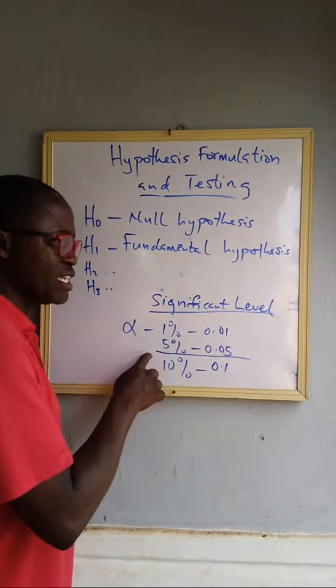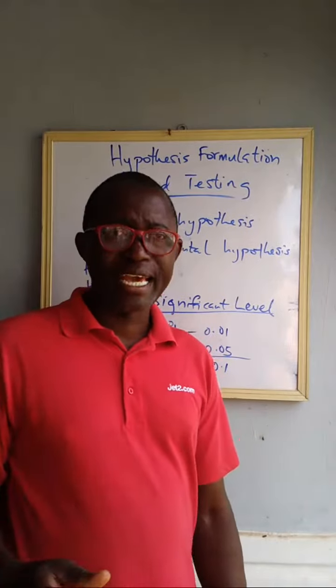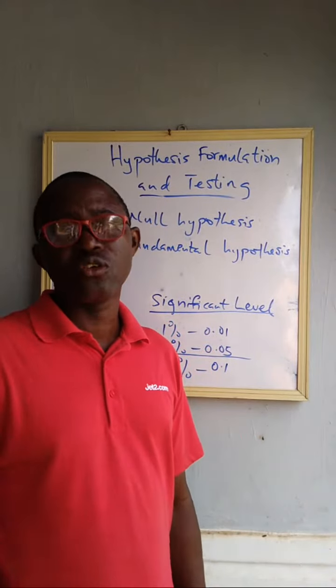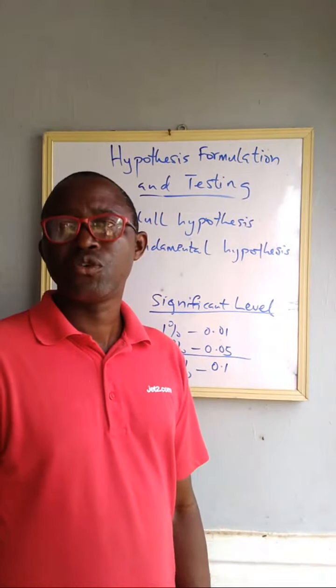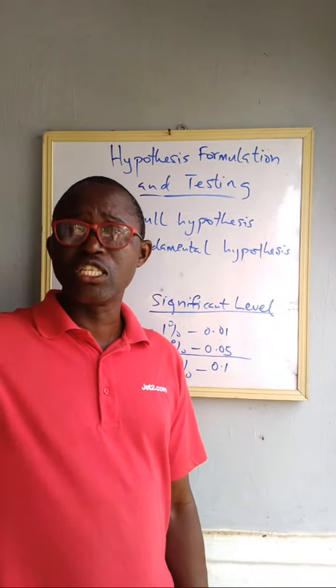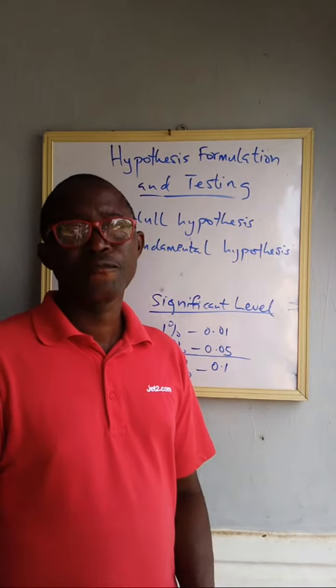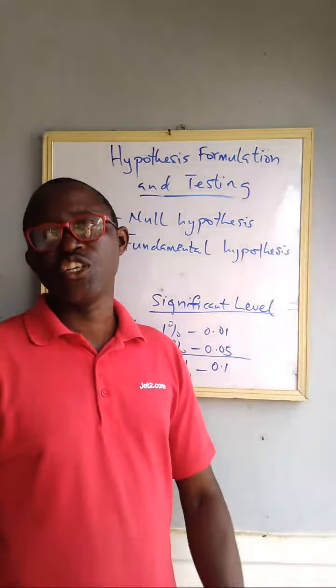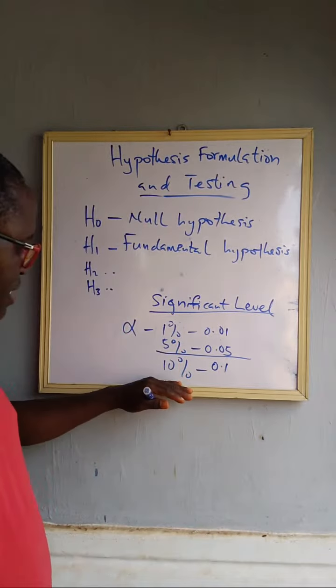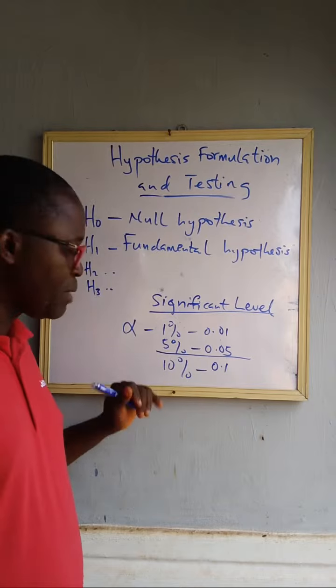Now, if you say 5%, it means that if you repeat this procedure 100 times, 95% of the time it will still produce the same results, and the 5% is due to some experimental error or circumstance not within your control. Likewise, 10%: 90% will be true and 10% will be untrue.